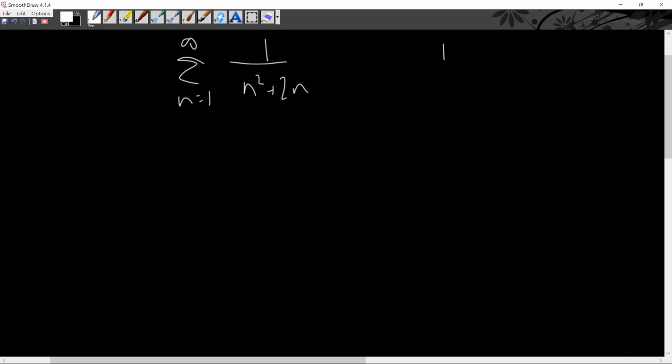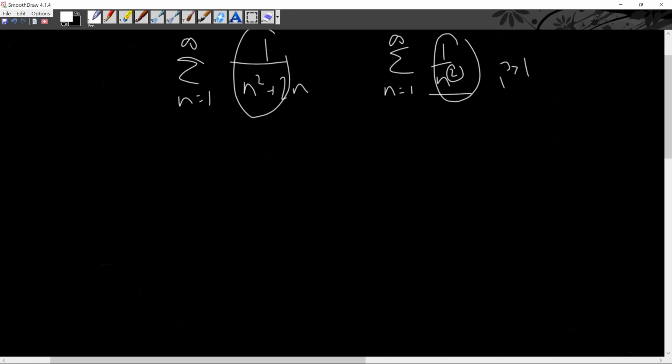We know that the series of 1 over n squared, n equals 1 to infinity, does converge. This is a p series, and p is greater than 1. So if we do the limit comparison test and divide this by this and get a finite value, that means that this has to converge.